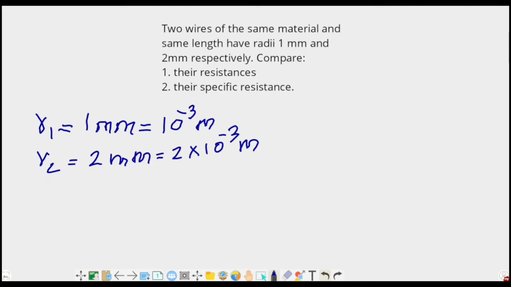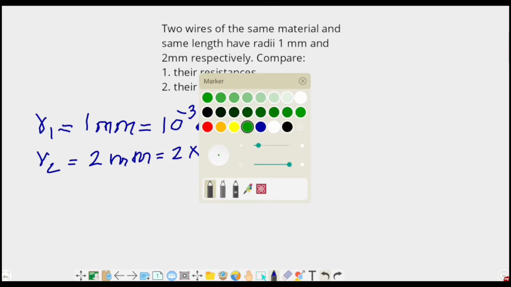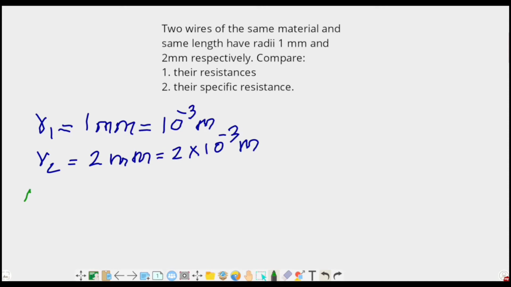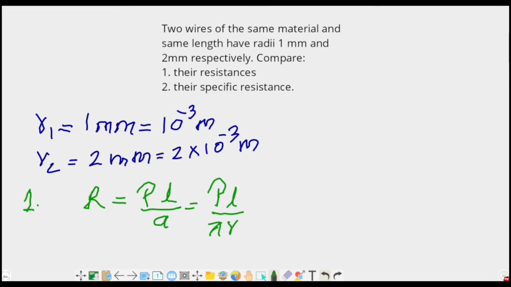Compare their resistance. First we will compare their resistance. You know resistance is equal to rho L by A. Now A means area of cross section, so it will be pi r square.